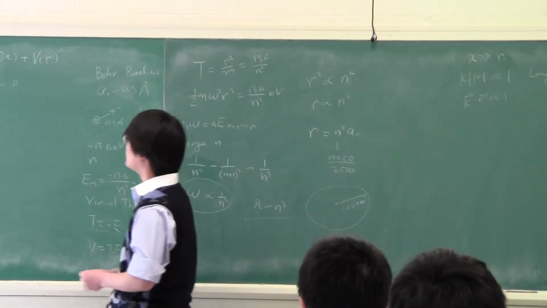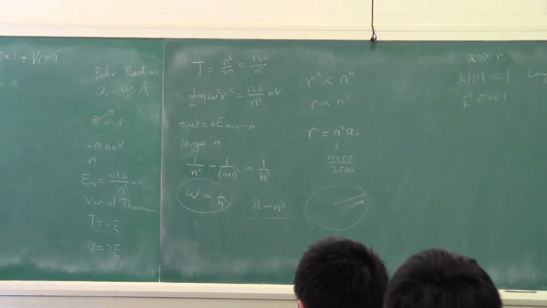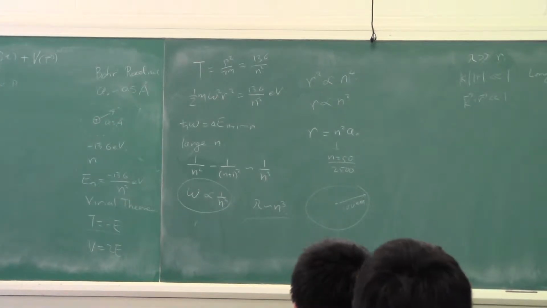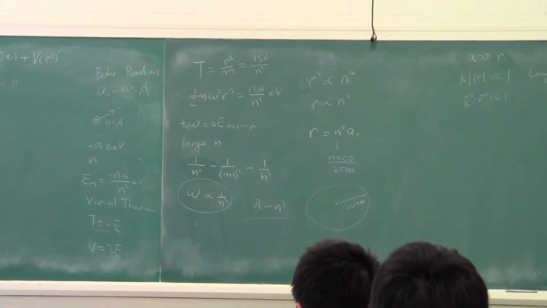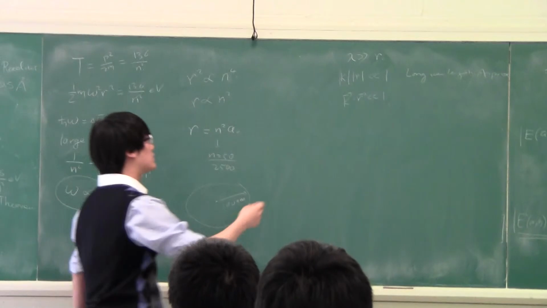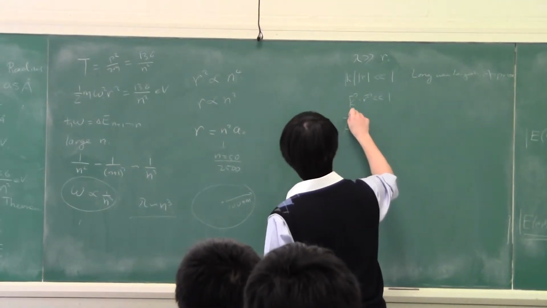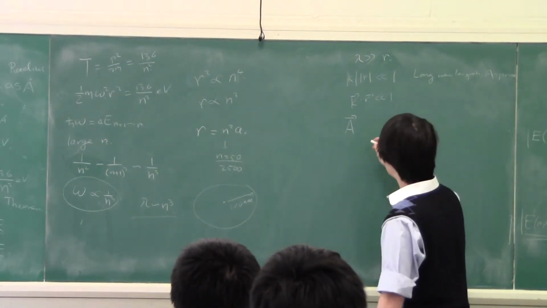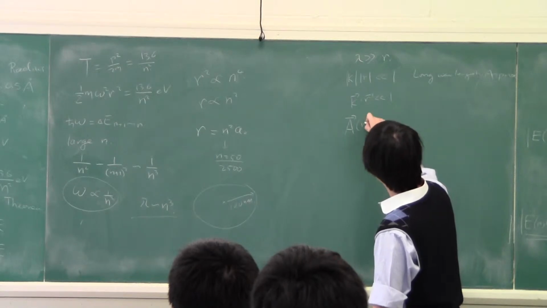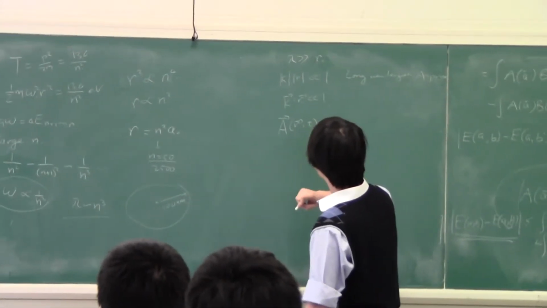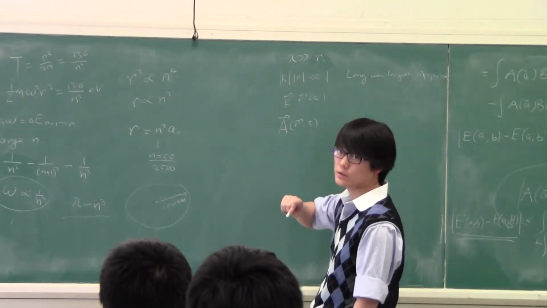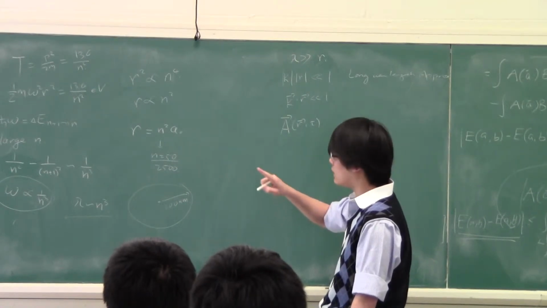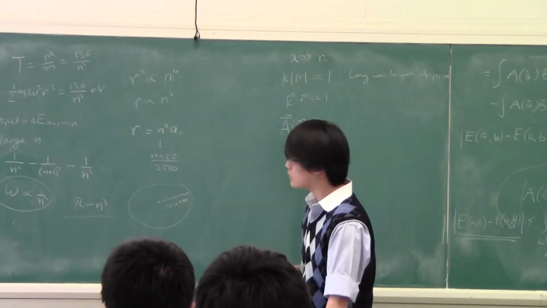Now, under the long wavelength approximation, I can approximate the electromagnetic field. If I think about a vector potential that looks like a plane wave kind of vector potential, A of R, t. Let me reference everything first to the nucleus.